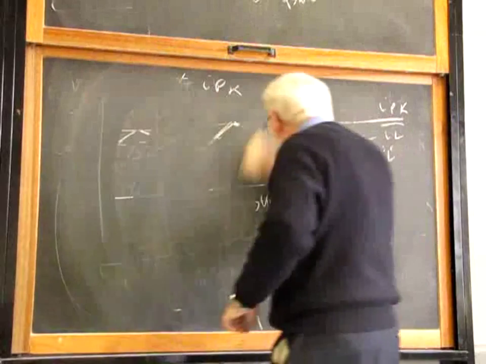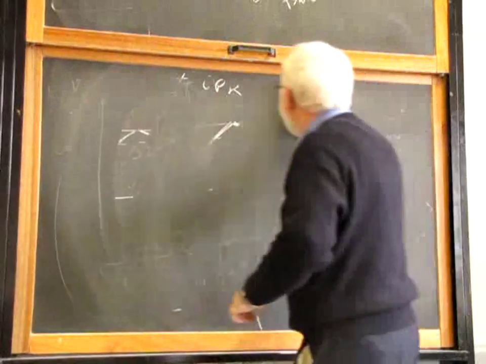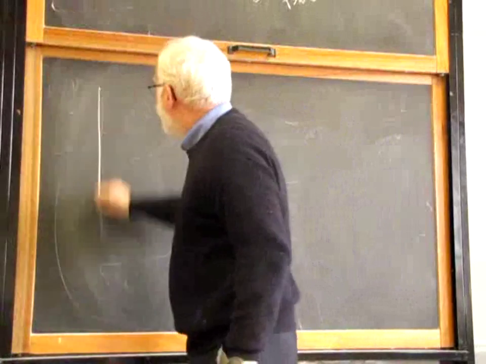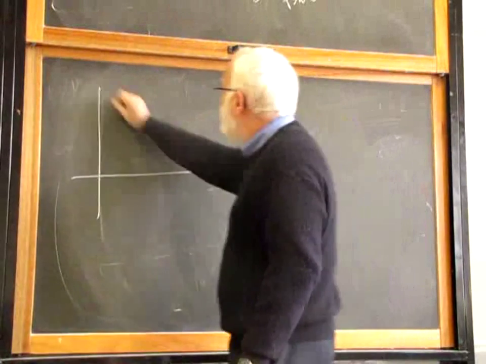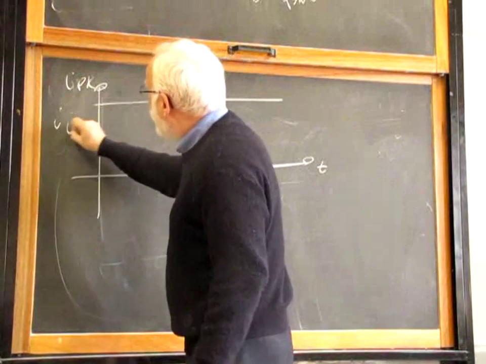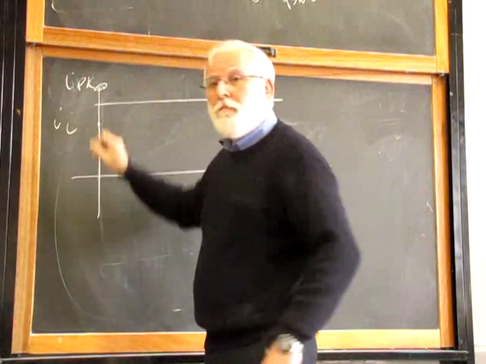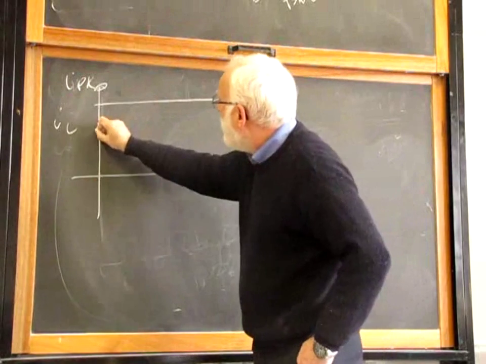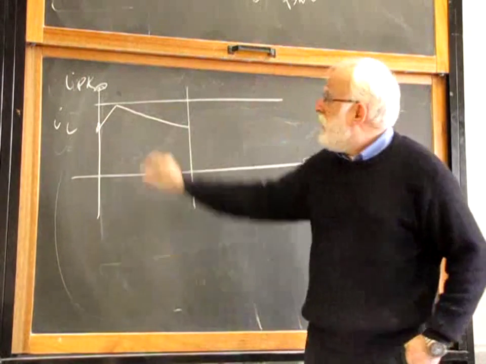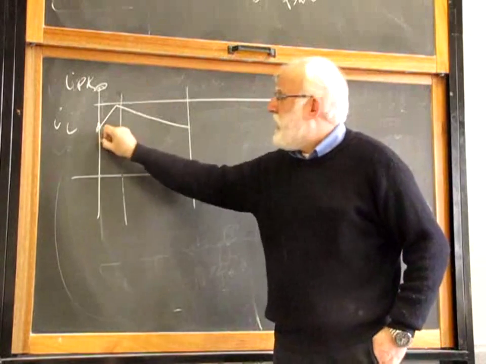Because let's consider two different situations. One with a very high input voltage and one with a very low input voltage. I peak, IL. If the input voltage is very high, you have something like this. If the input voltage is high, your duty cycle is short.